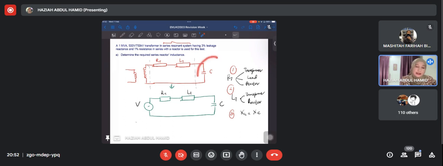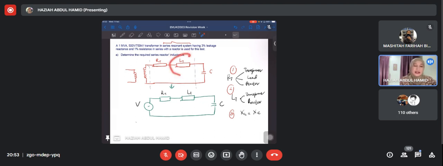Since this is fixed, we want to produce an AC voltage that can fulfill the test voltage earlier, by using resonance. We only have one option to adjust a parameter in this circuit to fulfill the required AC voltage, which is by adjusting this inductive component.